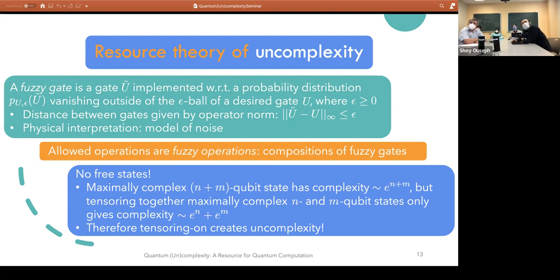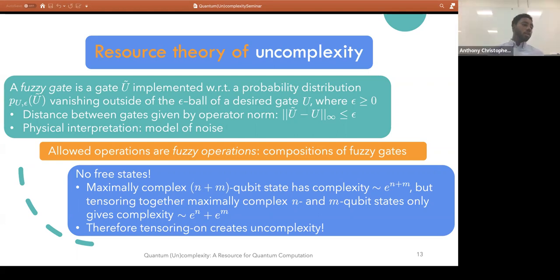Sorry, question. It seems like this is an artifact of the fact that you're insisting on having pure states. After one application of a fuzzy operation, you have a density matrix, right? Yes.